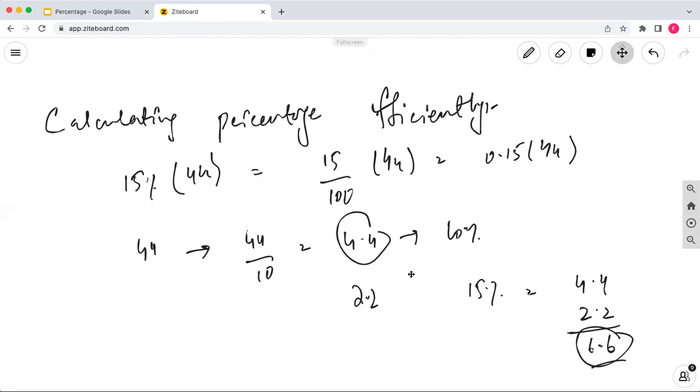For example, if I ask you to find 22% of 120, what is 22% of 120? Quickly.